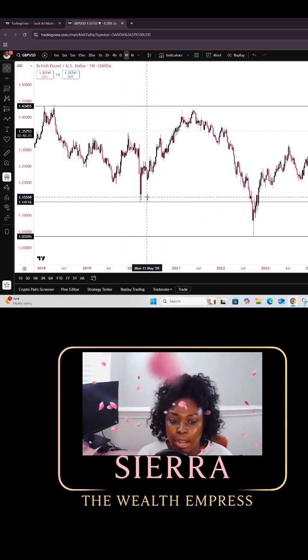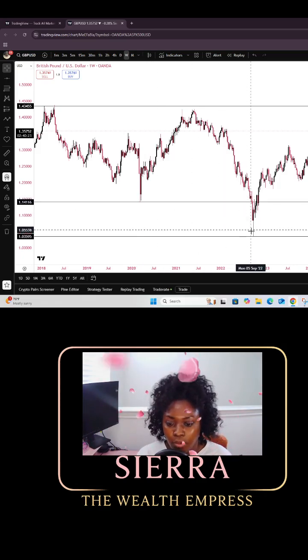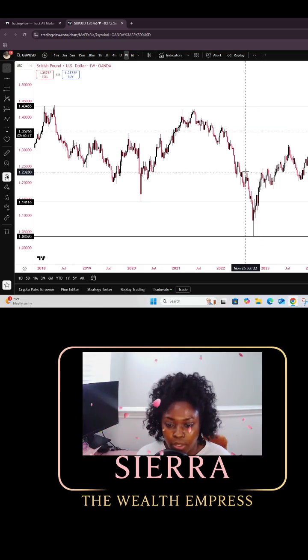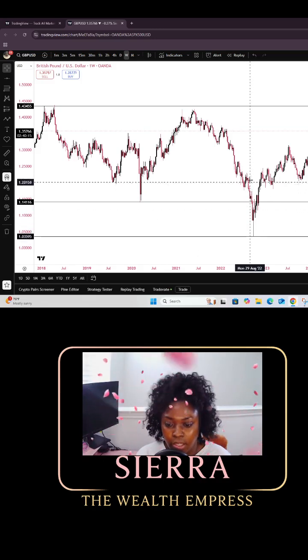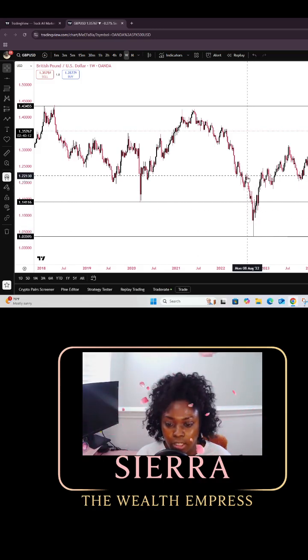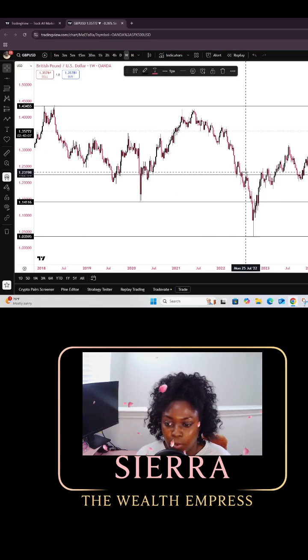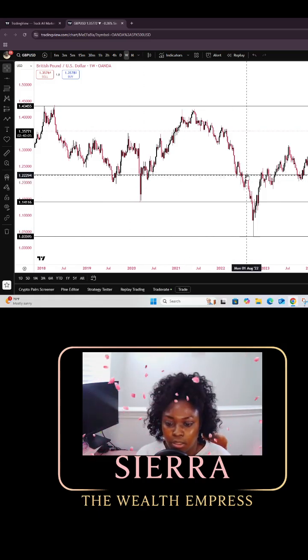Now, when we come down into the weekly, we see that price has pushed up, right? And it broke this last area that took us down to our last low. So this is a structure area that we were looking for price to break to let us know that price is going to go higher.